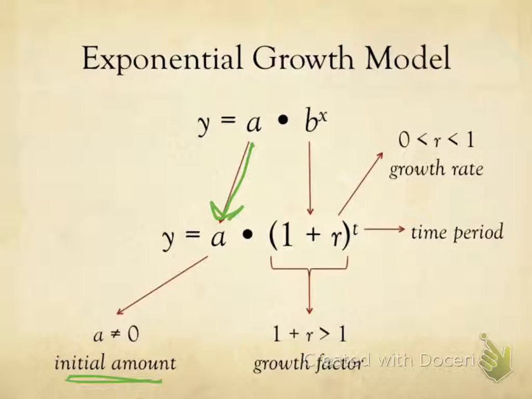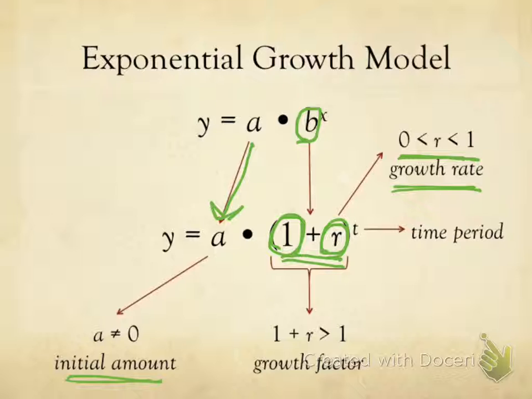But now for our growth factor, instead of using the b here, we're actually going to use a growth factor of 1 plus r. So the 1 is just part of the formula, and the r here is going to be the growth rate, which has to be some number between 0 and 1. So that number is going to come from your percent.